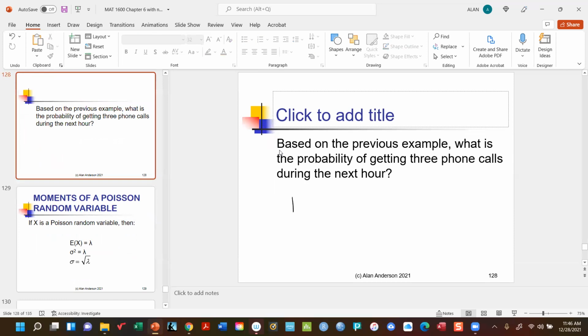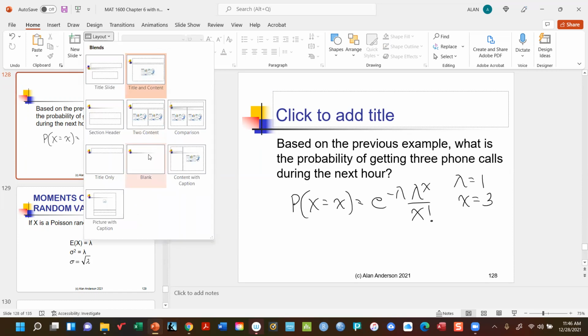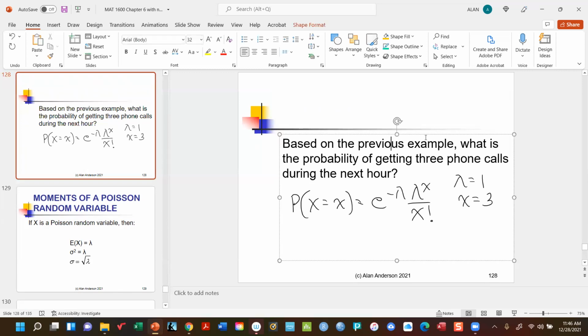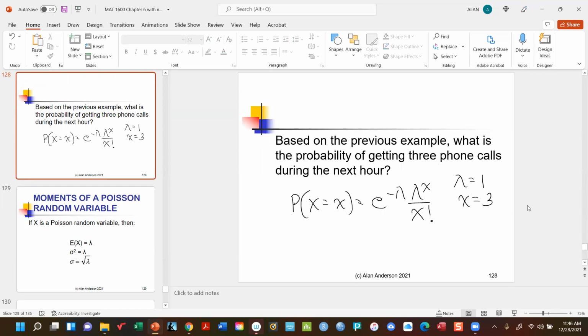So remember, the formula is this. And we already know that lambda is 1, and now this time x is 3. Okay, so we plug everything in.